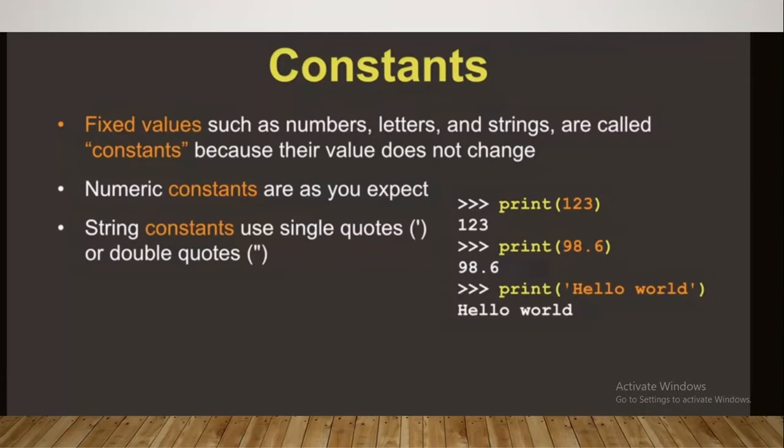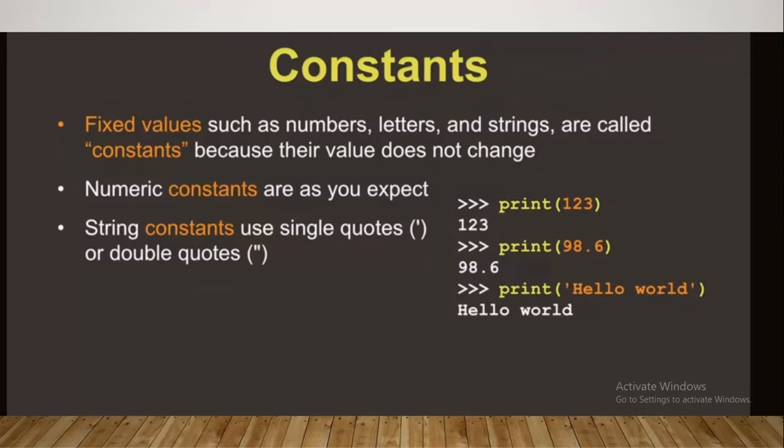You can see an example over here. We will do this in the practical sessions also, but for now, let's have a look. Here you have print 123, where 123 is a number. It's a constant fixed value, so if you print it directly, it gets printed. If you print 98.6, it is a decimal, and for your remembrance, a float value, though we actually use data types for variables.